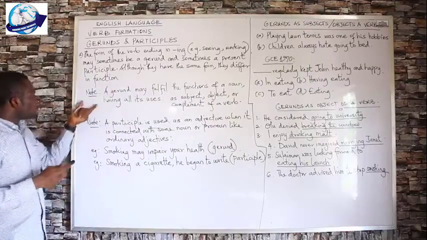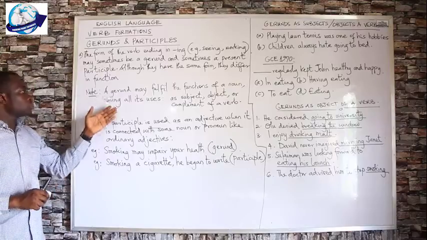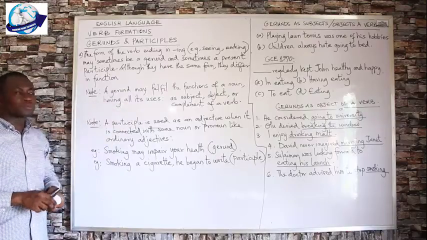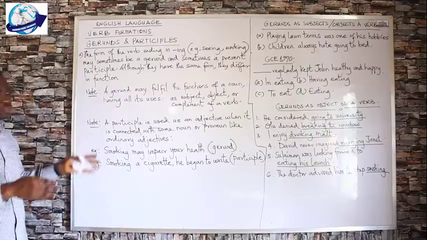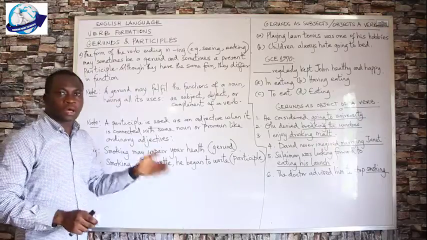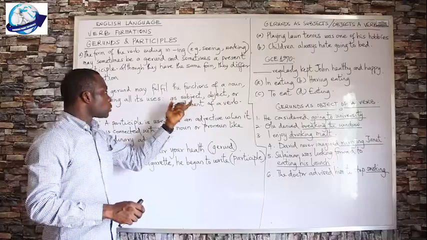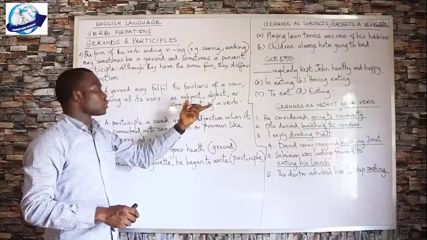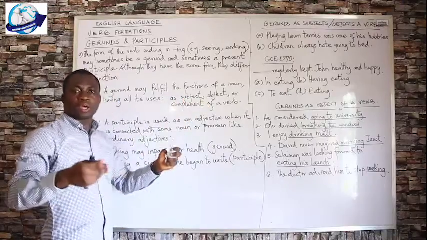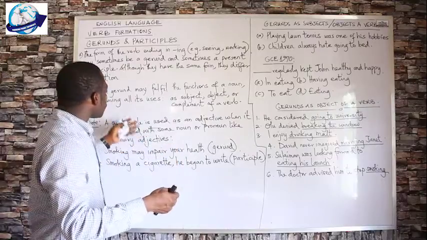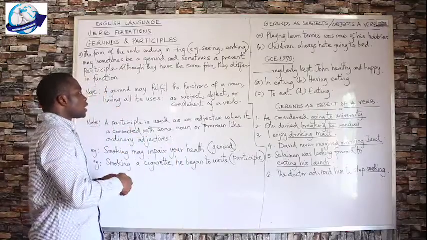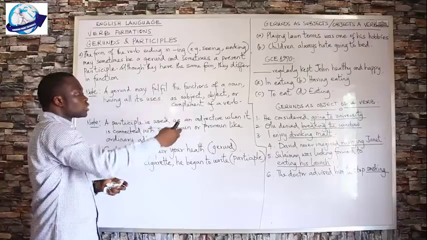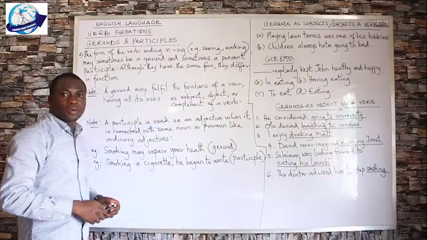Now notice, a gerund may fulfill the functions of a noun, having all its uses. That's to say, because a noun can function as subject, object, or complement of a verb, a gerund can also function as the subject, the object, or complement of a verb.